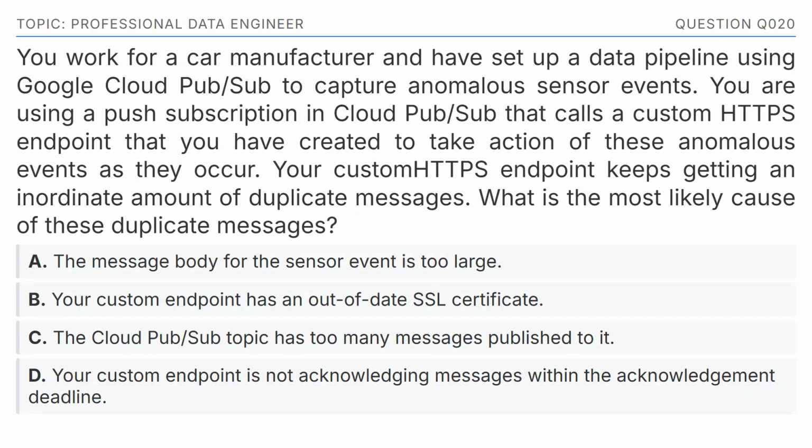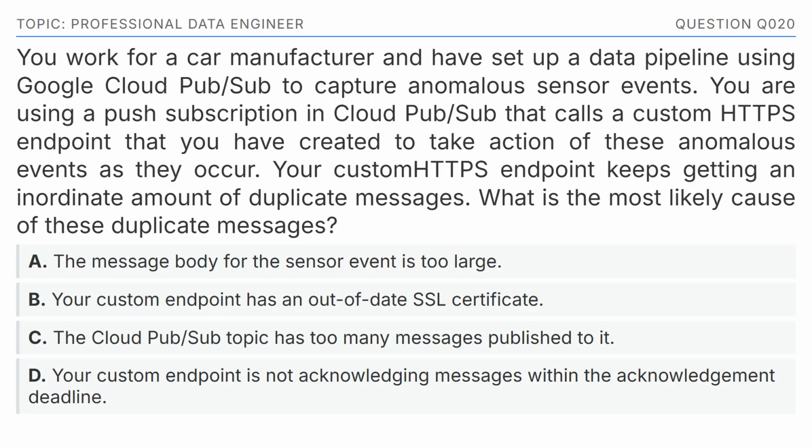You work for a car manufacturer and have set up a data pipeline using Google Cloud Pub/Sub to capture anomalous sensor events. You are using a push subscription in Cloud Pub/Sub that calls a custom HTTPS endpoint that you have created to take action on these anomalous events as they occur. Your custom HTTPS endpoint keeps getting an inordinate amount of duplicate messages.